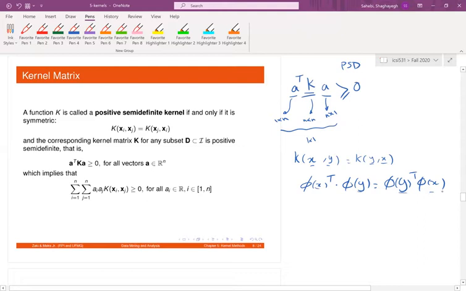All right. So if our kernel matrix is positive semi-definite, then we can use it as our kernel matrix, and we can define all different methods on top of that.